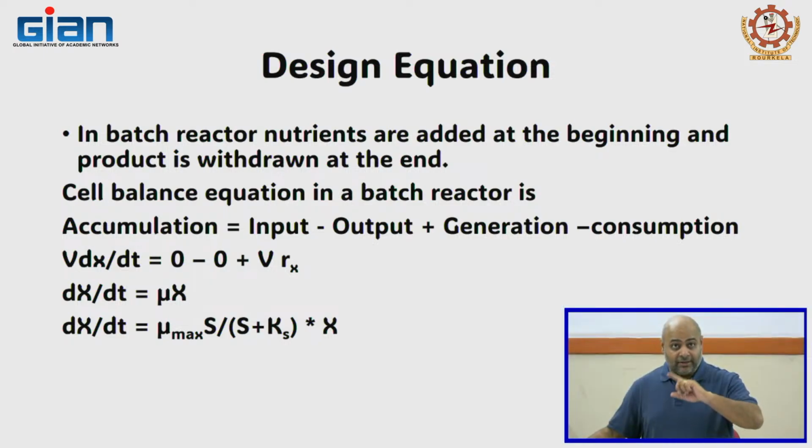Now comes the design equation. You remember when we were doing accumulation, input, output, generation, consumption. There is a difference between heat energy balance and material balance. In material balance, you always balance each and every component of a mixture. Your cell in a suspension is one of the components in a mixture.